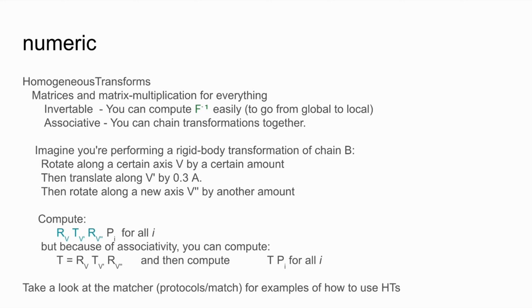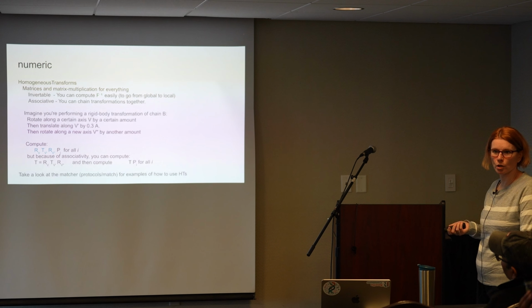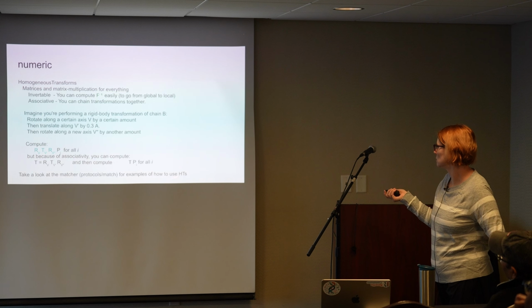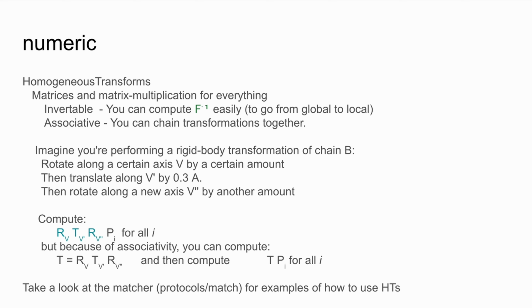So you can run the matrix multiplication of the RV, T, V prime, R, V double prime, lump this all together, and then for each point, just compute the T times the point I for all I. That way, it makes your math a lot faster. And this is used, for example, in the matcher protocol. So you can look it up in protocols match for examples on how to use this.